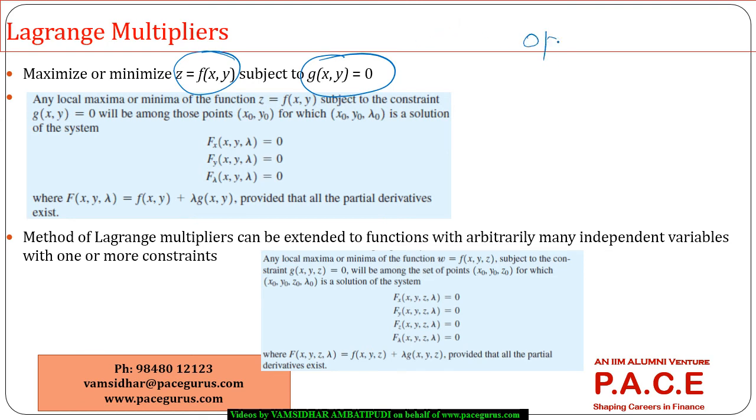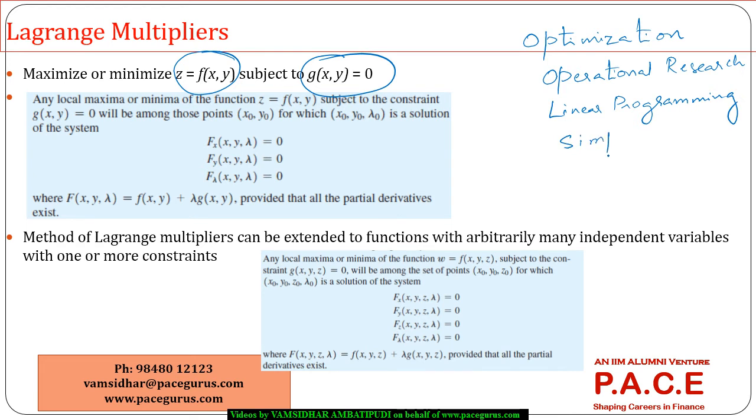This is what we call an optimization problem, or typically we get them under the category of operational research, where we also call them linear programming problems, typically solved through the simplex method, or we also have tools like Excel which can solve them using a tool called Solver.